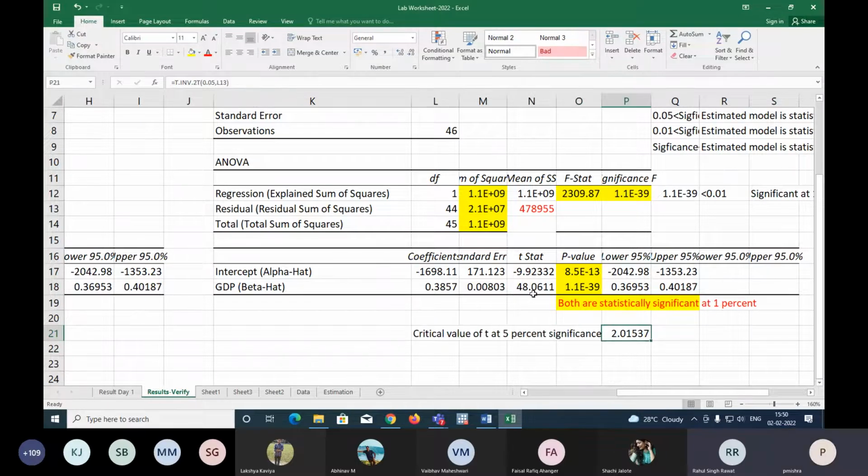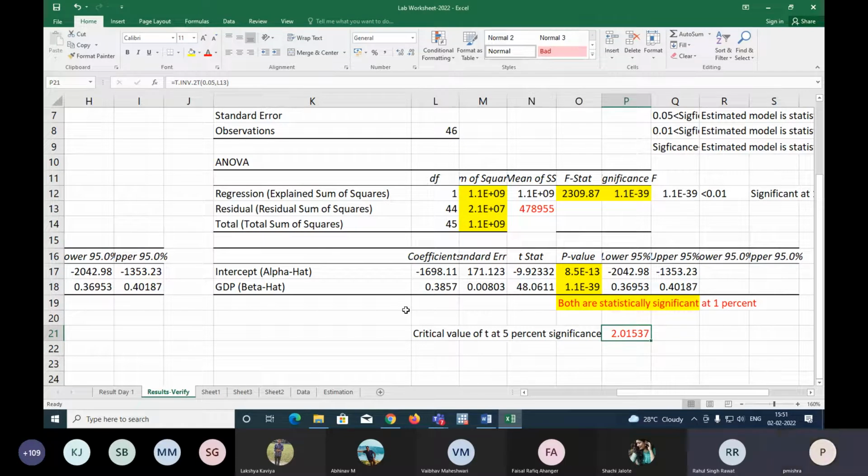This is the value. Now question is how we are getting this value. Here, if you are using Excel, by using this function command, you can straight away get it. Else you can go to the book also. In the book, the T table is given.